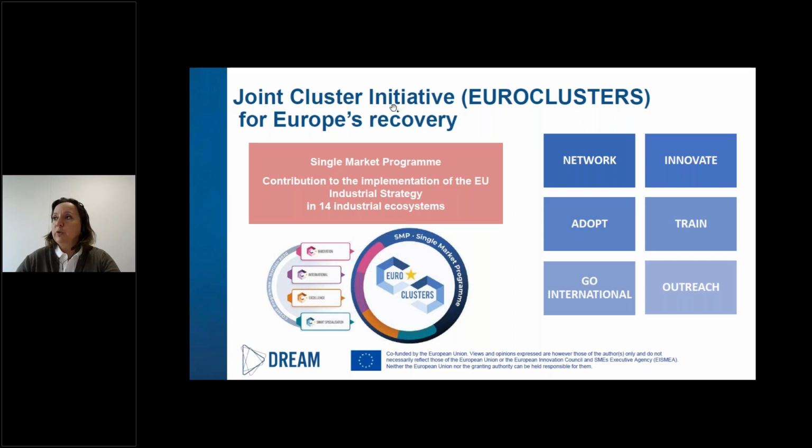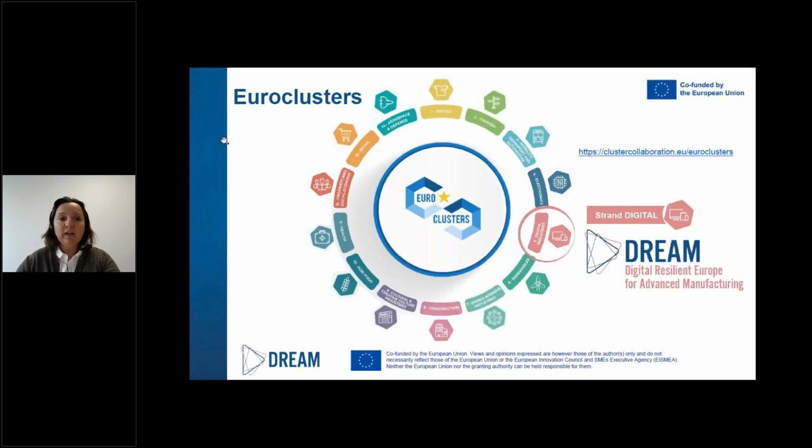So to do so, the European Commission launched in 2022 a large program called Euroclusters, during which 30 Euroclusters projects have been launched in order to implement this EU strategy. So Euroclusters are cross-sectorial, interdisciplinary, and trans-European initiatives made by clusters, by associations, and other economic actors, such as research organizations, companies, and so on.